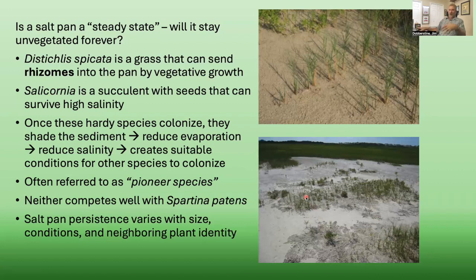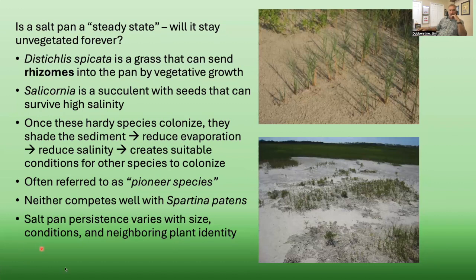This is a process that occurs in a lot of disturbed land, where pioneer species are usually associated with primary disturbance as opposed to secondary disturbance. So if you remember all that, then you'll understand this well. So again, the persistence really varies with the size, the conditions, the neighboring plant identity, a variety of different things.